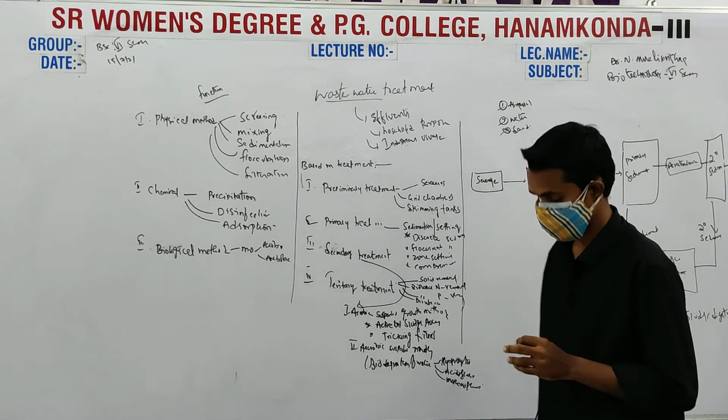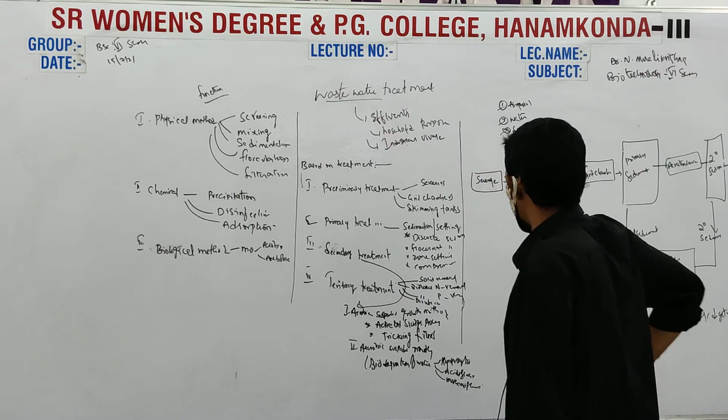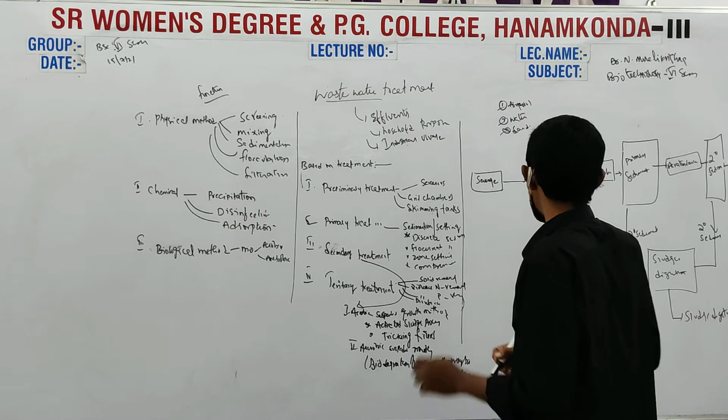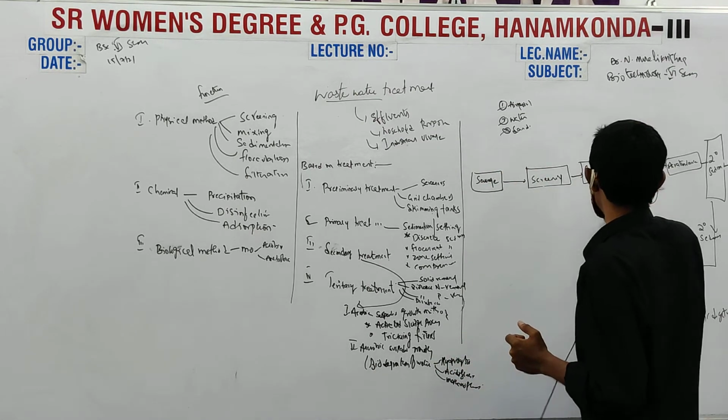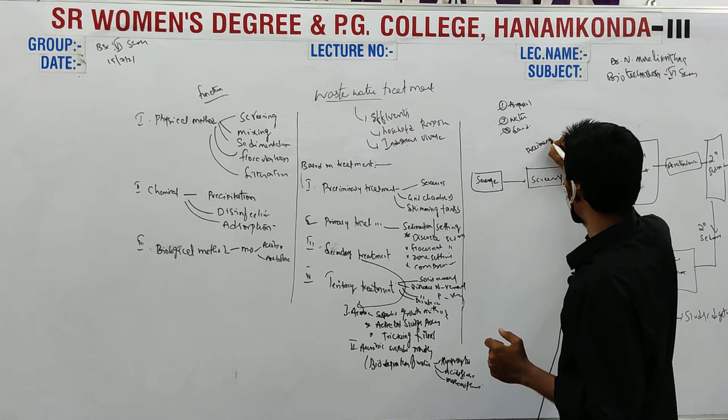This is the diagrammatic representation of wastewater treatment. Whatever the waste, that is sewage, up to the grit chambers is called preliminary treatment.